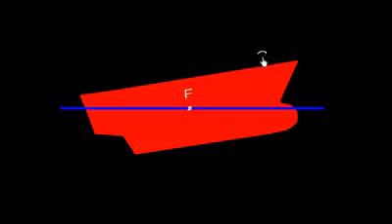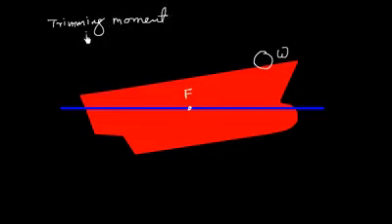Now if I load some W ton weight here, there will be a movement and this movement will be the trimming moment. Trimming moment is the movement which will cause the trim. So if I load this W ton here, what is my trimming moment?